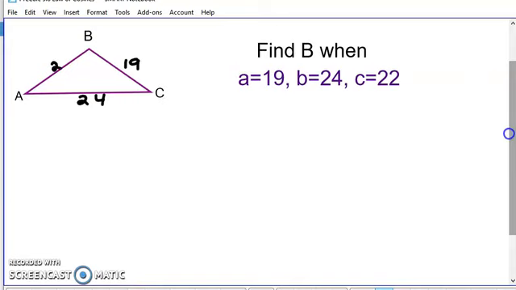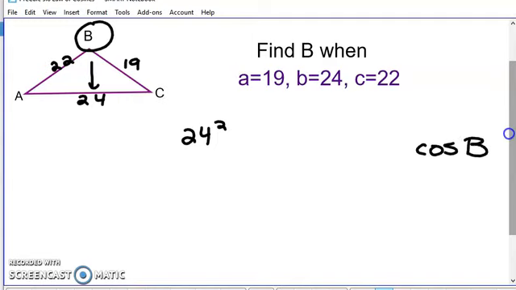It's not harder to plug it in. But notice this is the angle that they asked for, that I'm looking for. So remember, those are the two that I want to start with and end with. So I'm going to put 24 squared here, the angle that goes with it there. Okay? Then, so those are B's. This is going to be A, C.